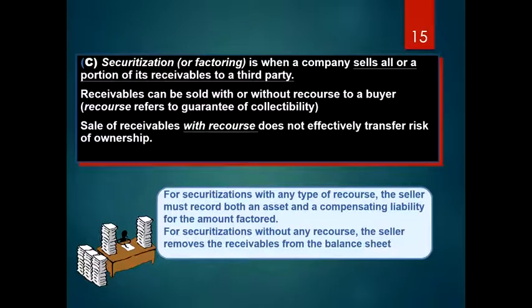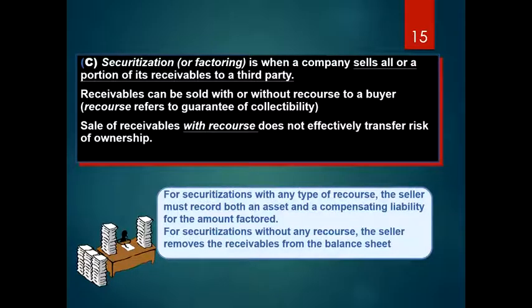So next is the securitization or factoring. So securitization or factoring is when a company sells all or a portion of its receivable to a third party. Receivable can be sold with or without recourse to a buyer. So recourse here is referring to the guarantee of collectibility.